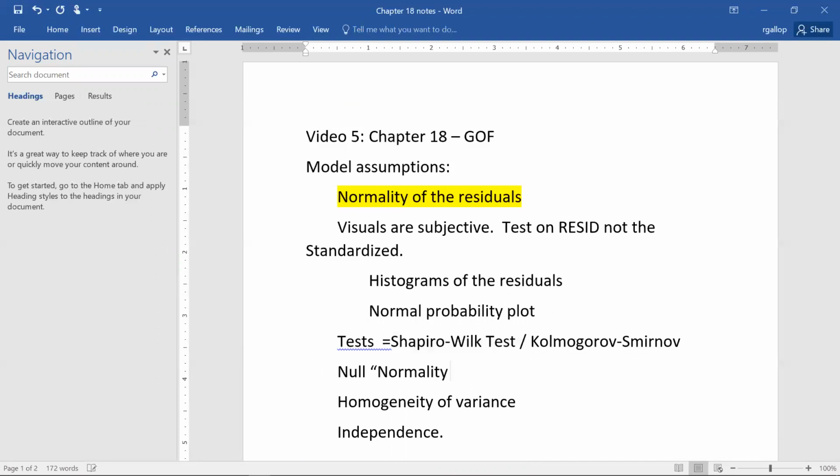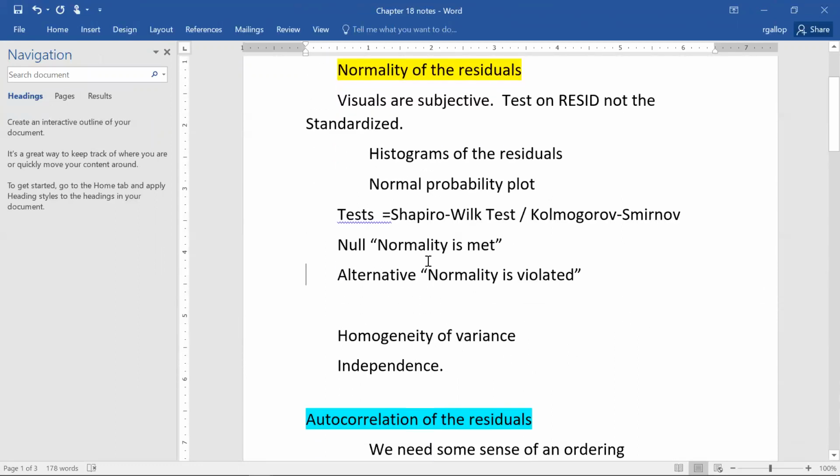So remember, with these tests, in this case here, null, normality is met; alternative, normality is violated.